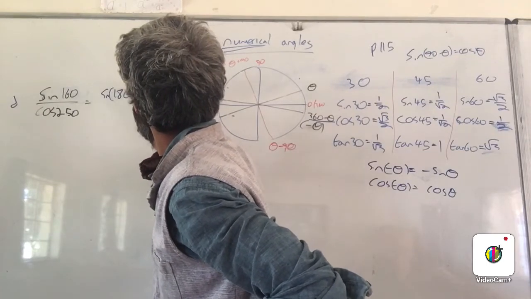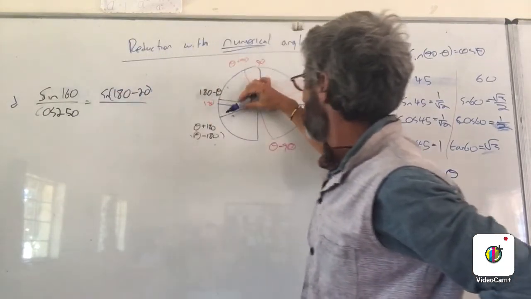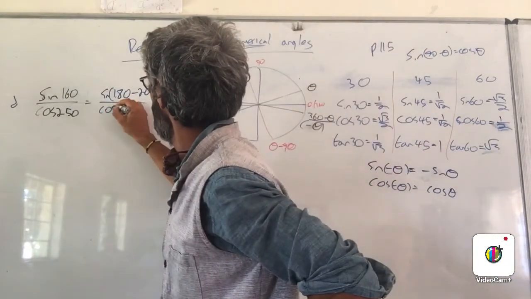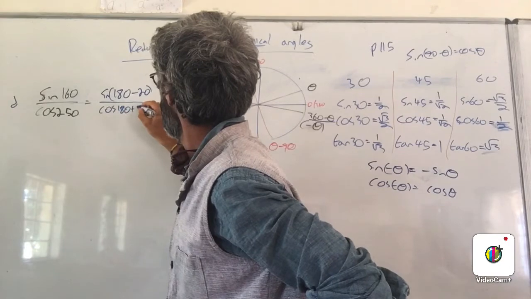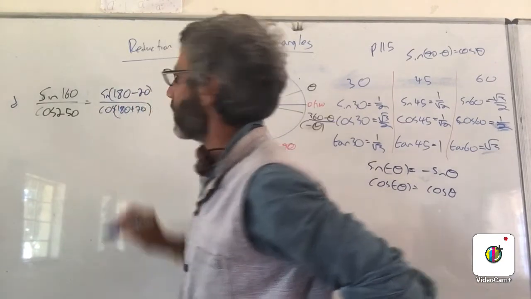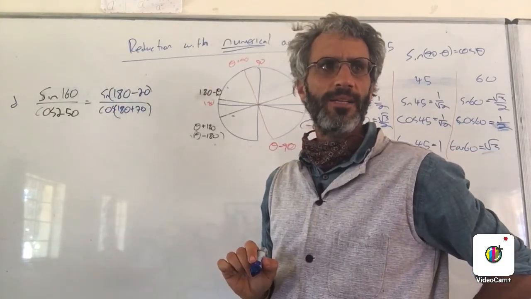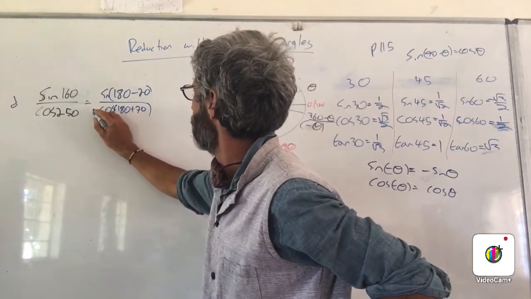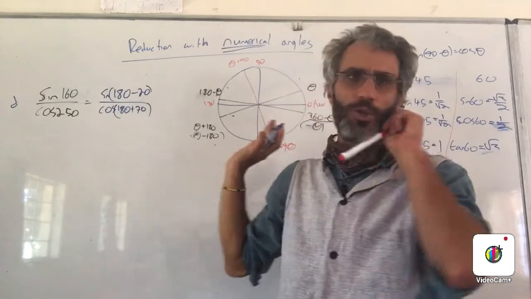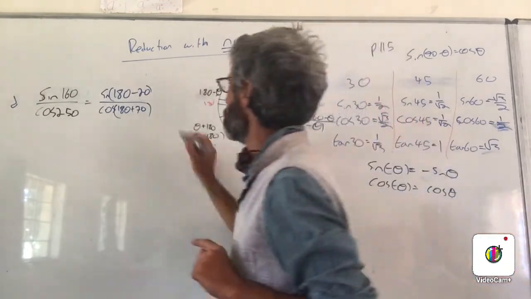And then cosine 250 lives here, so we're going to write it as cosine (180 plus 70). For now, I'm not doing anything.